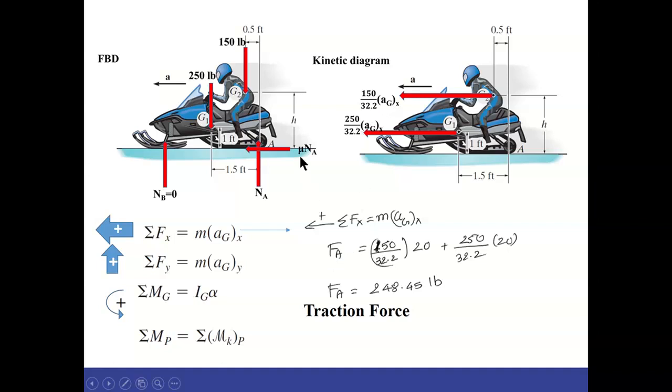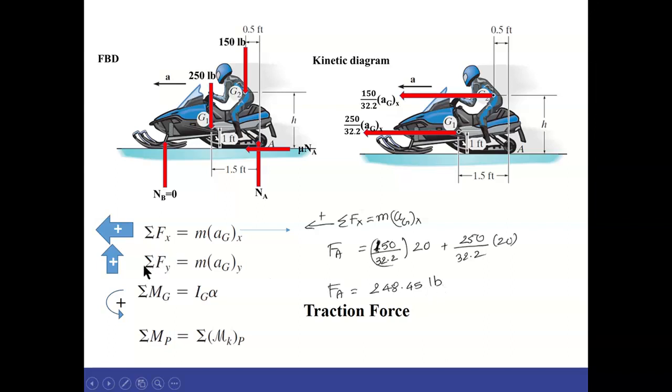Fa is the only horizontal force going left, which is positive, and it is equal to this from the rider and this from the snowmobile. And because we know the acceleration in the problem, it's given as 20 feet per second squared, we can calculate the total traction force, which is 248.45 pounds in this example.